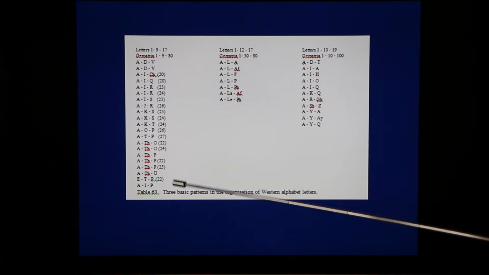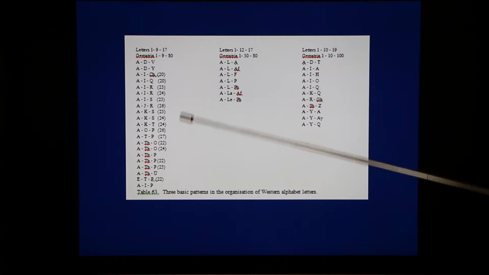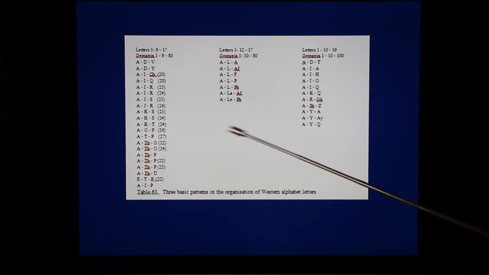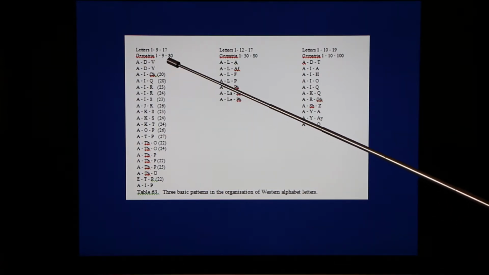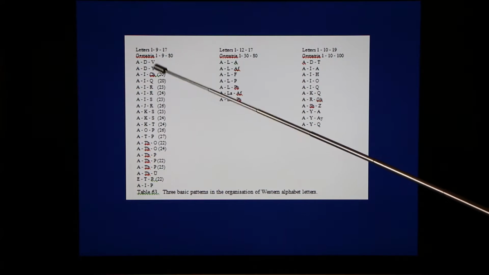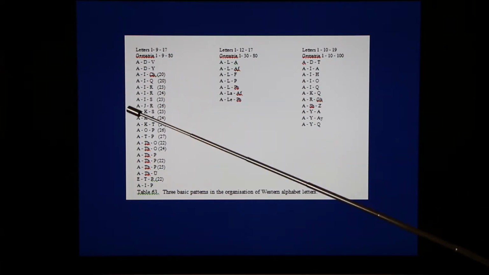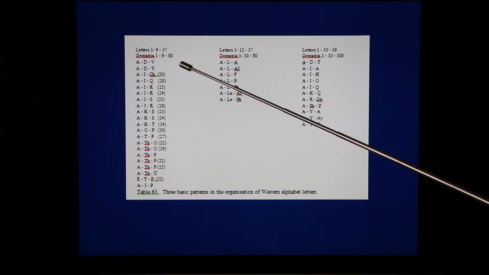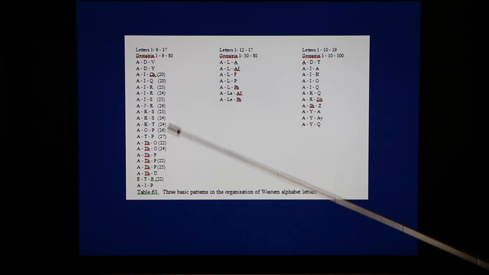And these are the number of letters in the alphabet, which vary from 20 to 25, or 27 in these cases. But letters 1, 9, and 17 give me a gematria, or a mathematical value, of 1, 9, and 80. So that's 90 as a whole.